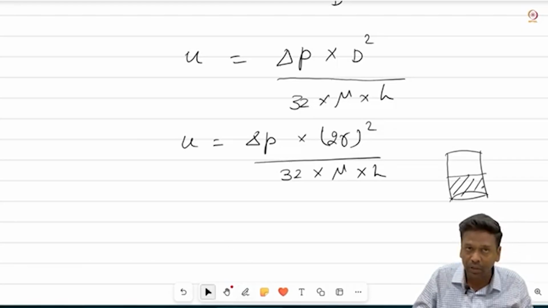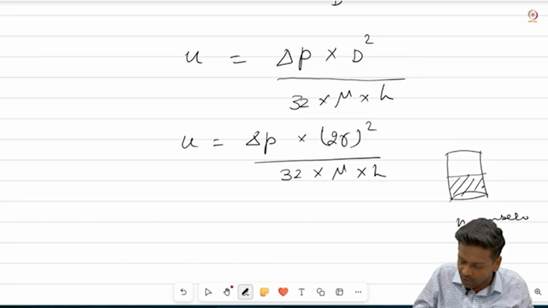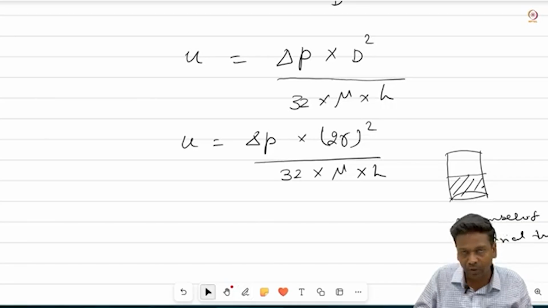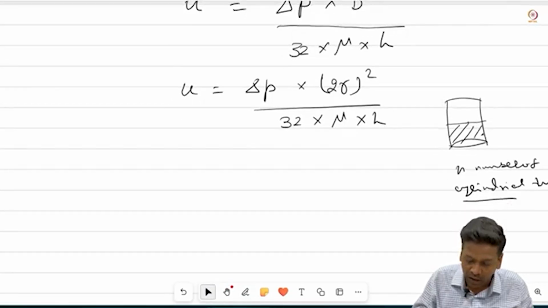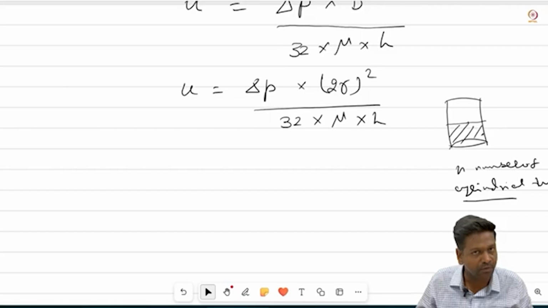In this, you will have n number of cylindrical tubes, right? If you treat these porous channels as cylindrical tubes, one would have to consider n number of cylindrical tubes. In that case, some cylindrical tubes may be very small, some may be very large.